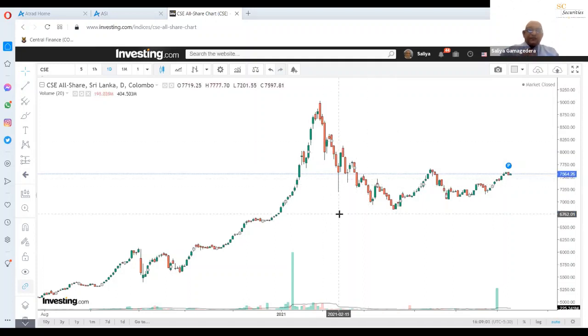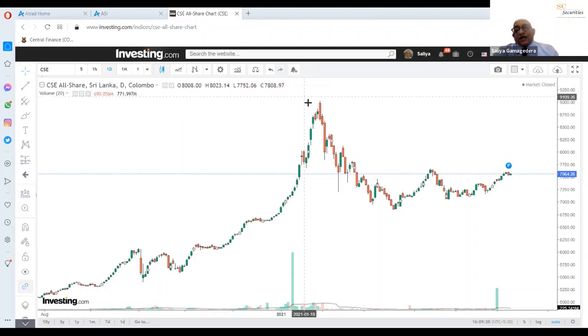Now, in the case of the candlesticks, each candle is giving you a snapshot of the price behavior for particular periods. In this case, we are using the daily chart, as I changed it to daily, and here you can see the day is mentioned over here.